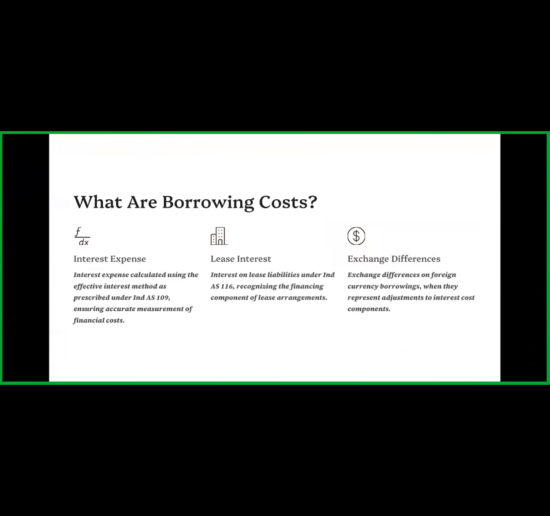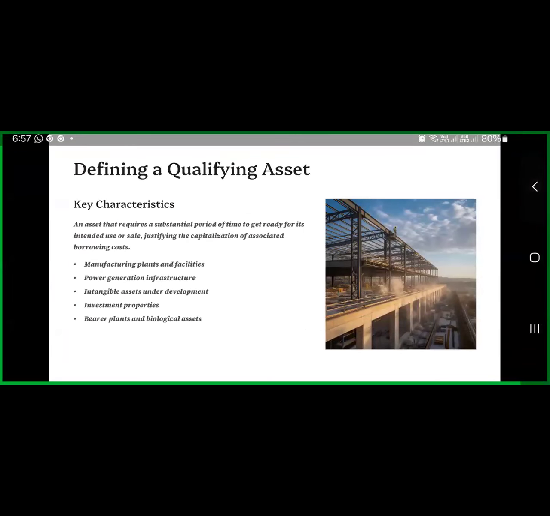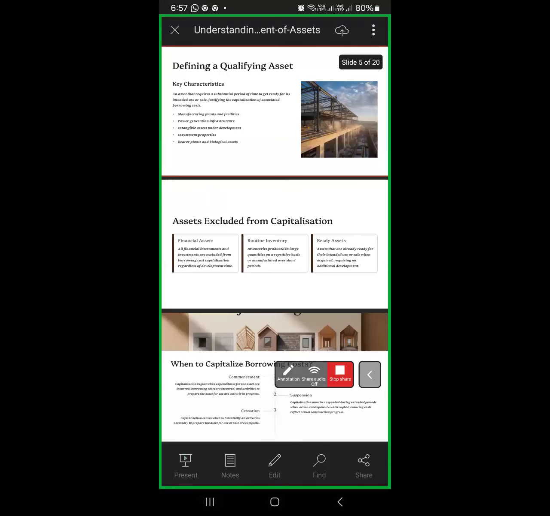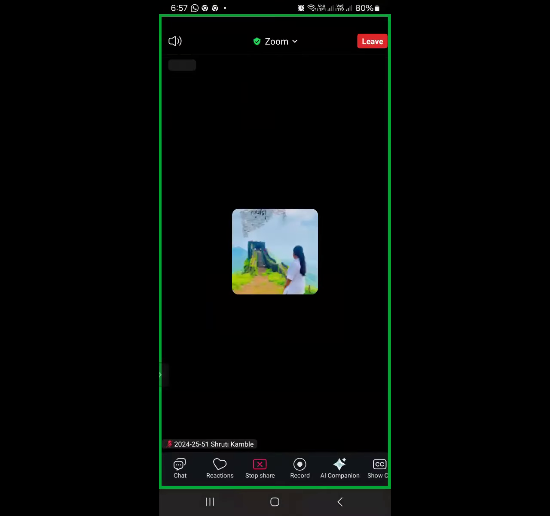Okay, here we sum up the session. In the next session we will see another Indian Accounting Standard. Okay, if you have any questions, otherwise we will end the session here.